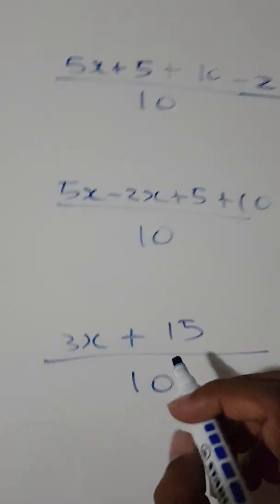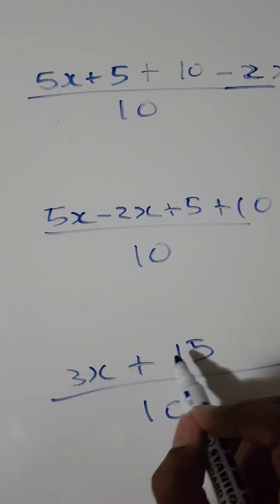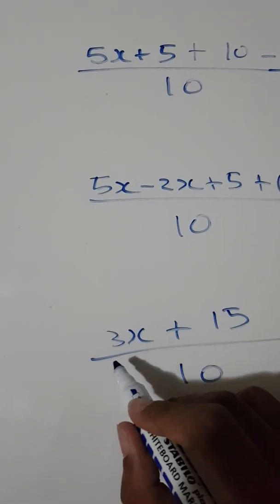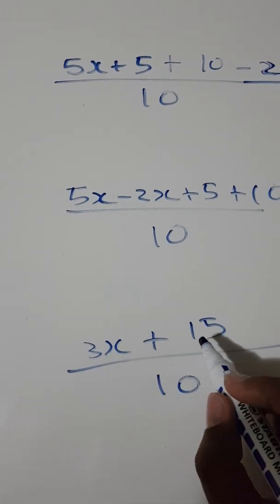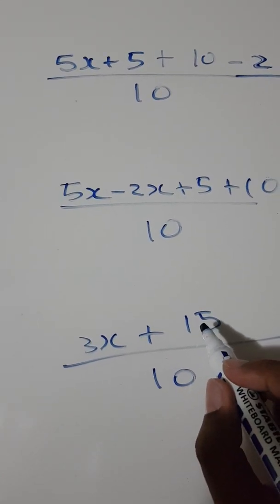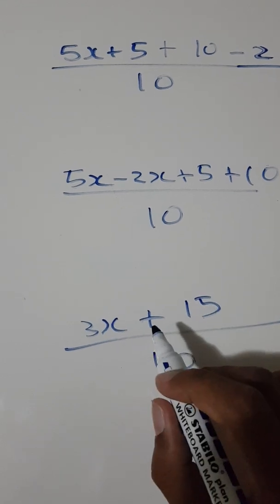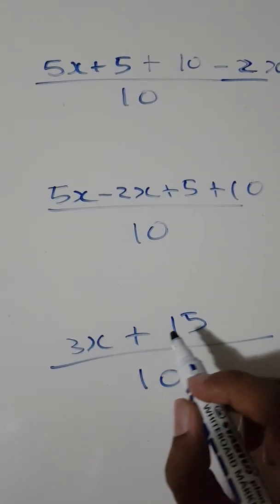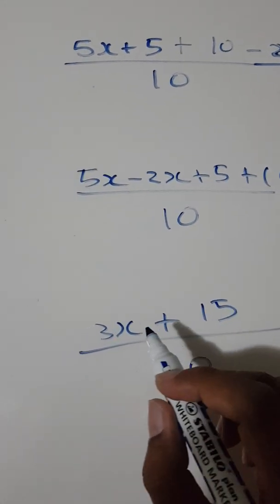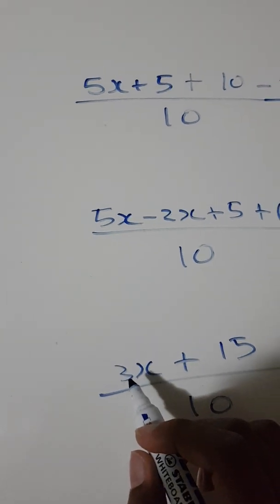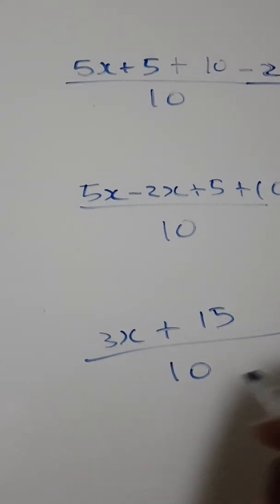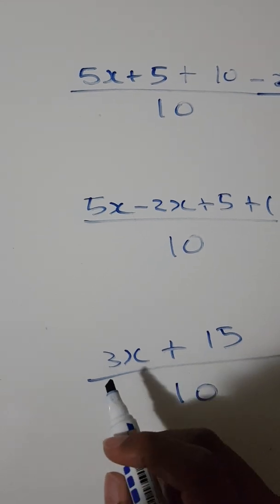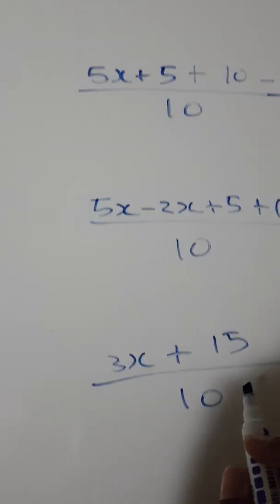So this operation can be divided by 3, because 3 can go into 15, because 3 5s will give us 15. And 3 is already multiplied by x, so if you multiply 3 by x, you're going to get 3x regardless.